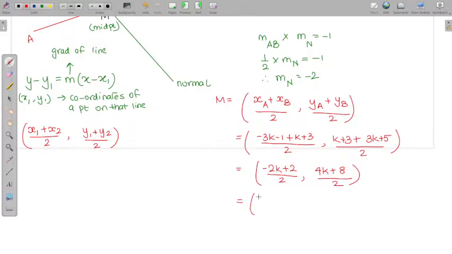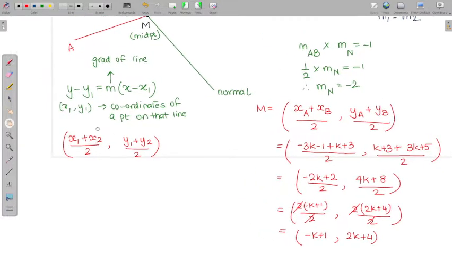If we take 2 common from the numerator, it gives minus k plus 1, over 2, and taking 2 common from the other gives 2k plus 4 over 2. See, this 2 and this 2 get cancelled, and this 2 and this 2 get cancelled. So we are left with minus k plus 1, which is the x coordinate of the midpoint, and 2k plus 4, which is the y coordinate of the midpoint. So we have got all the information that we need to use in this formula.